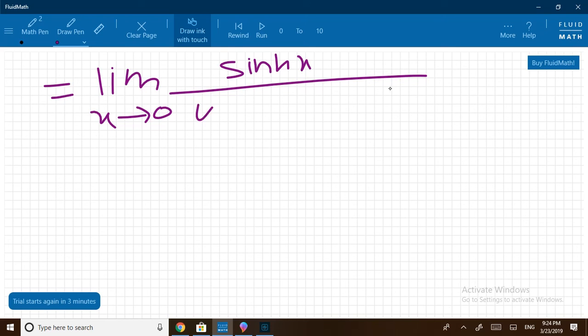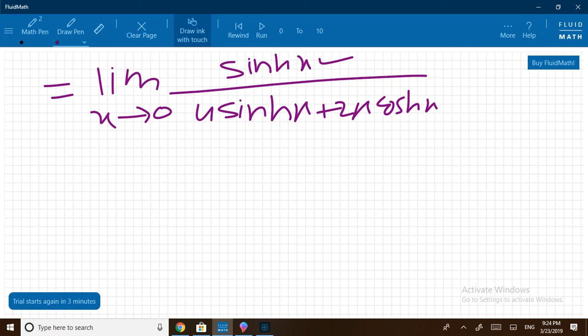The first term is 4 sinh x plus 2x cosh x. So now we check whether it is 0 divided by 0 form, an indeterminate form. When we put limit x approaches 0 over here, sinh 0 means 0.